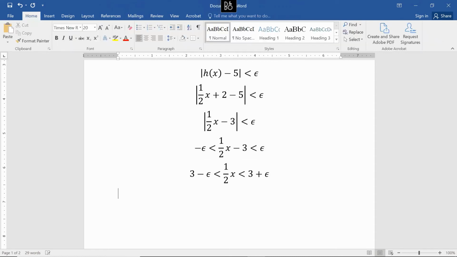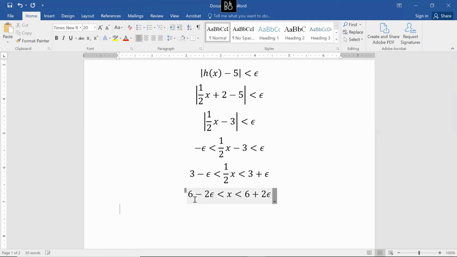And now I'd multiply both sides by 2. In fact, did I say both? All 3 sides by 2. If I multiply the left-hand side by 2, I end up with 6 minus 2 epsilon. Multiply the middle by 2, I end up with x.